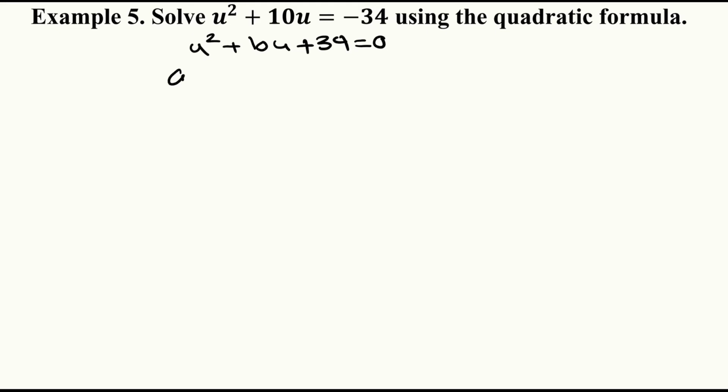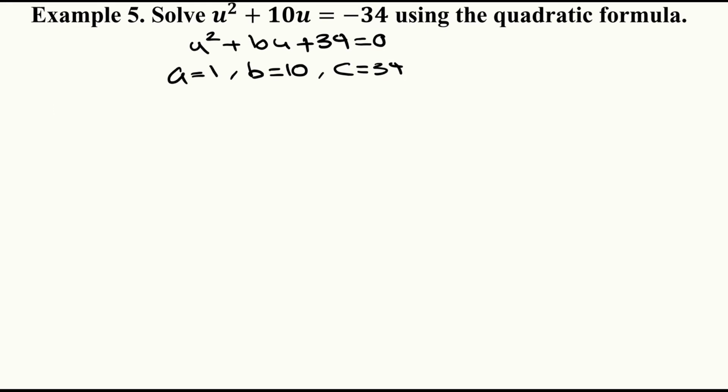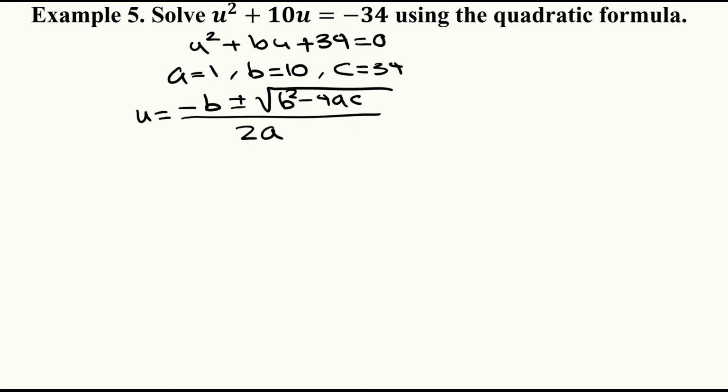We can see that a is 1, b is 10, and c is 34. So we have u equals negative b plus or minus square root of b squared minus 4ac over 2a.